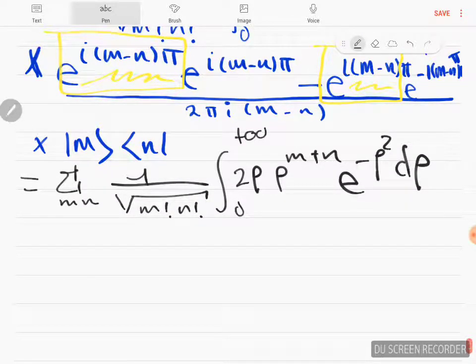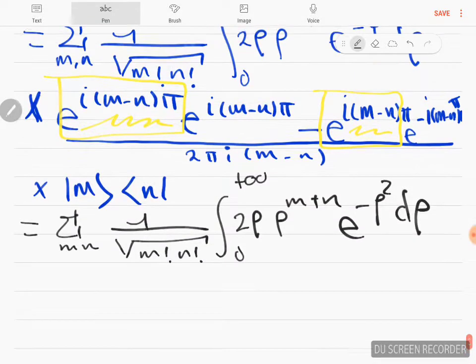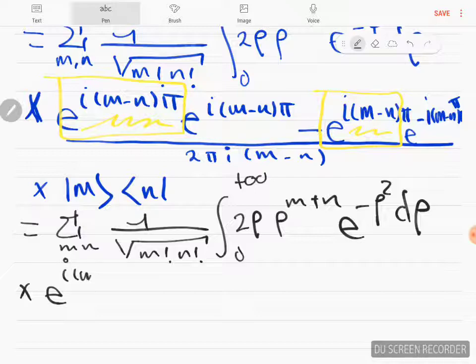And we have the following here. Just a minute. Then, I just factorized the one in yellow, m minus n pi.